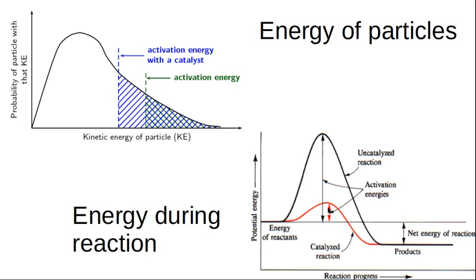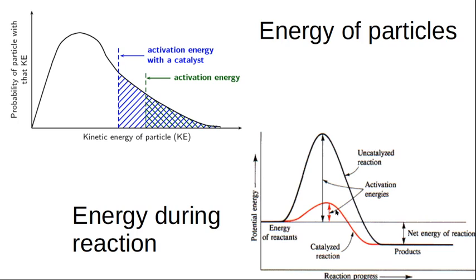So what happens here is, if we read this potential energy value off the graph and relate it back to our sample, this activation energy without the catalyst is very high. Imagine 0, 10, 20, 30, 40, 50. See, the green line for activation energy without a catalyst is very high.